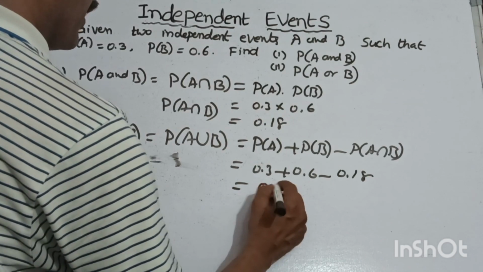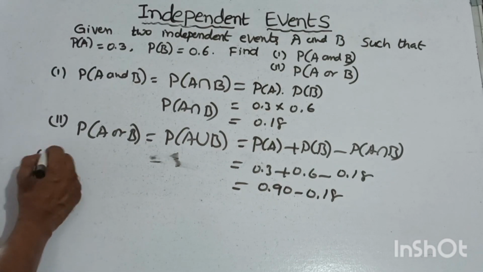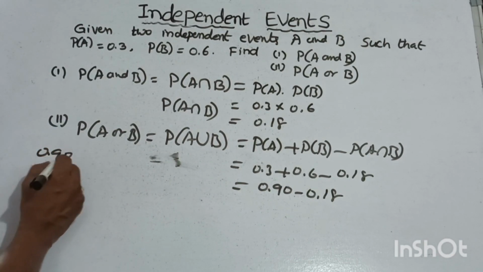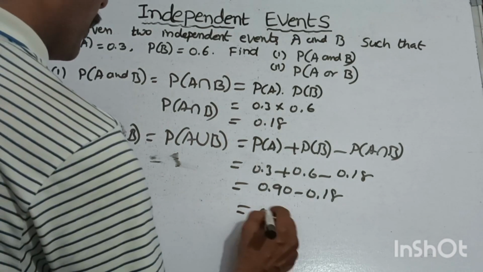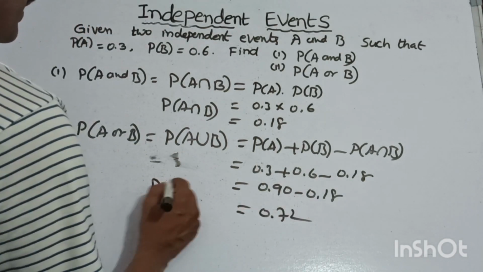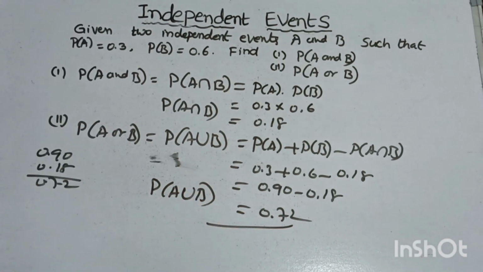So 0.90 minus 0.18. After subtracting, we get 0.72. So probability of A or B is 0.72.